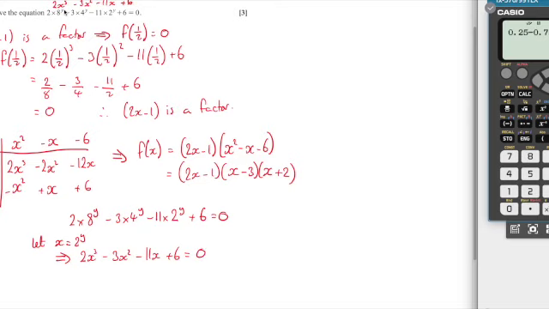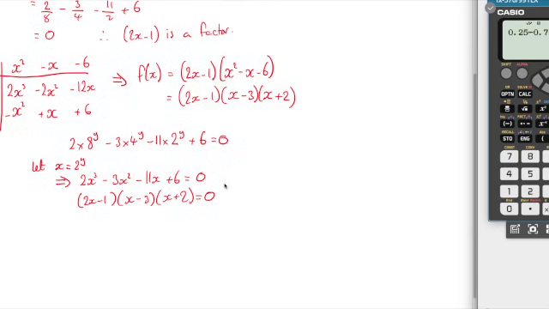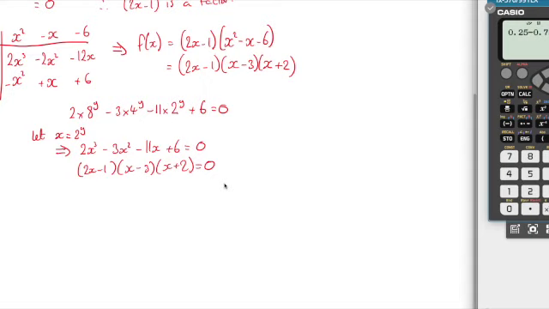And then you get, from the hence bit, 2x minus 1, x minus 3, x plus 2 equals 0. And then we can use those results, so therefore x equals a half, x equals 3, or x equals minus 2.